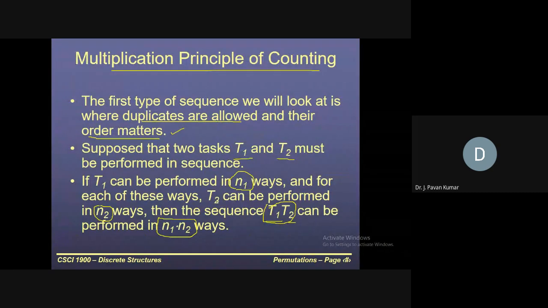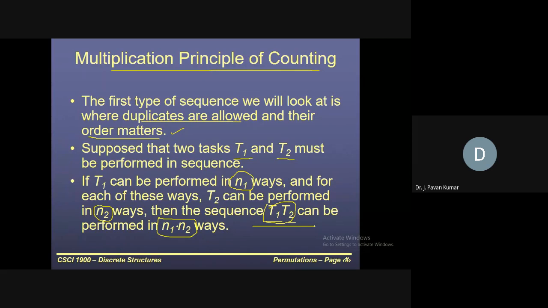Let us consider we have k number of tasks, t1, t2, t3, and so on to tk. t1 can be performed in n1 ways, t2 can be performed in n2 ways, t3 in n3 ways, like that tk in nk ways. Now we have to perform all those tasks in the sequence t1, t2, t3, and so on to tk.